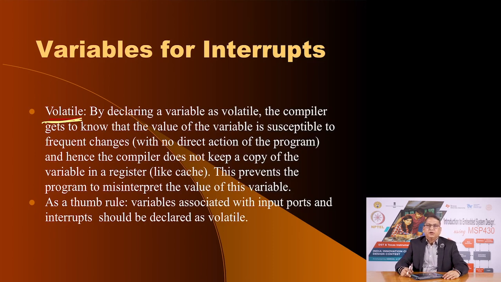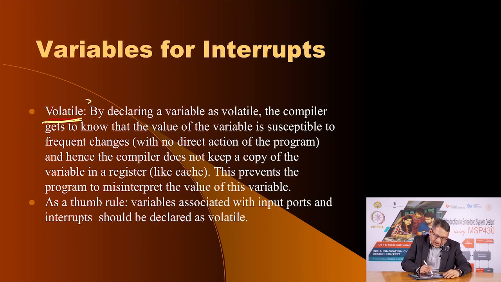What it does is, oftentimes the C compiler will keep a copy of variables in registers, because reading anything from a register happens quickly. But if the main variable is in the memory, you may not get its exact value.